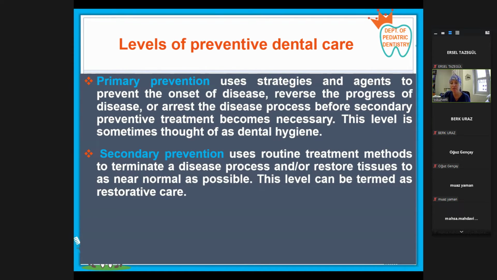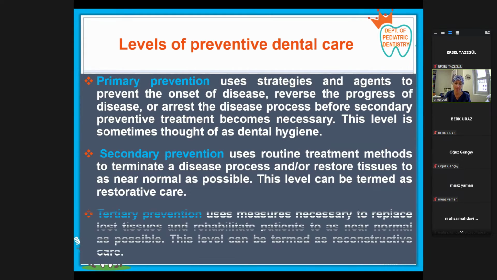And for secondary prevention, we can say that it uses routine treatment methods to terminate the disease process and or restore tissues to as near normal as possible. And this level can be termed as restorative care. And there is the tertiary prevention, which uses measures necessary to replace lost tissues and rehabilitate patients to as near normal as possible. And this level can be termed as reconstructive care.